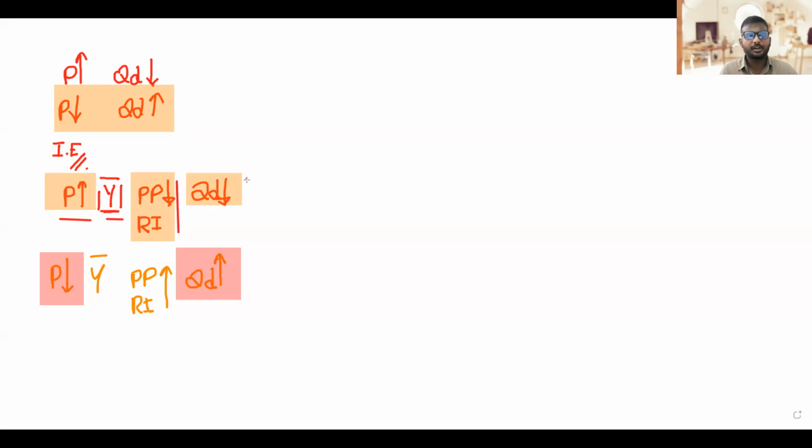As a result, quantity demanded will drop. On the other hand, when the price of a product drops while the nominal income is constant, the real income of the consumer will go up. As a result, quantity demanded will go up. This is how the income effect describes the demand law. That's what you have to write. Clear?